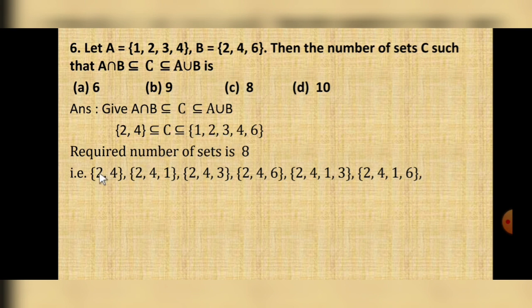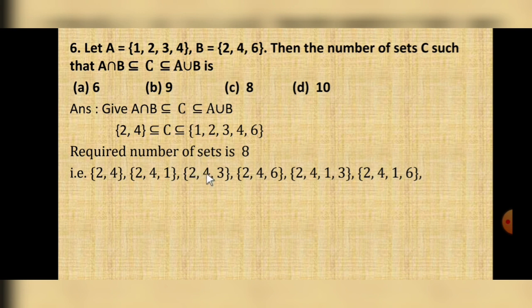Next, we can start with this {2, 4} as it is. Then you can take the next element along with the {2, 4}, the next number you take here is 1. If you take {2, 4, 1}, then this set is a subset of this one and this one is a subset of this second one.